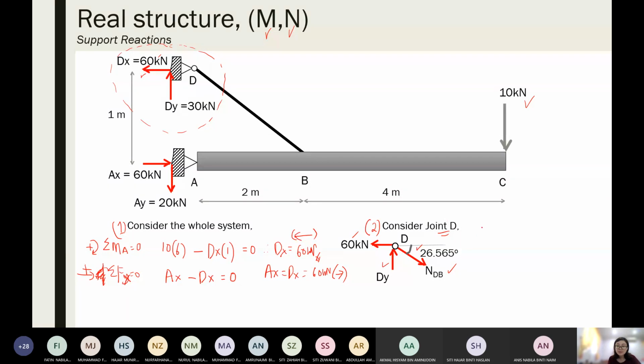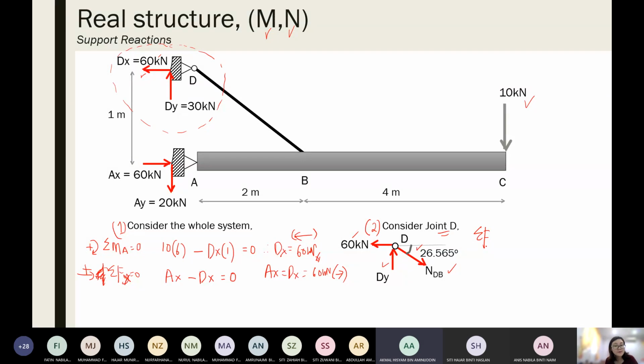So now you can start using the summation F. Which one do you want first, summation Fx or summation Fy? Fy first, yes.